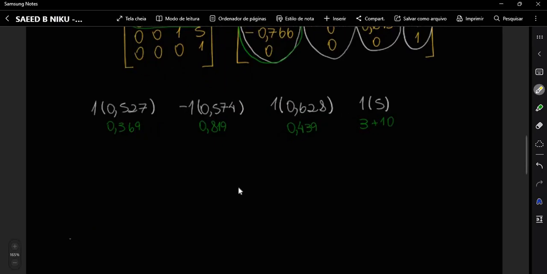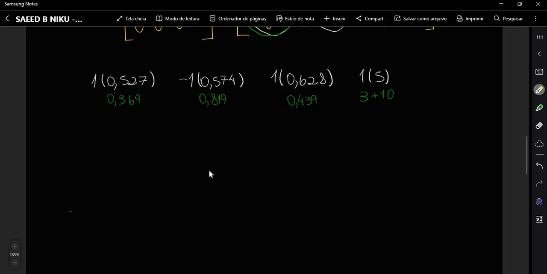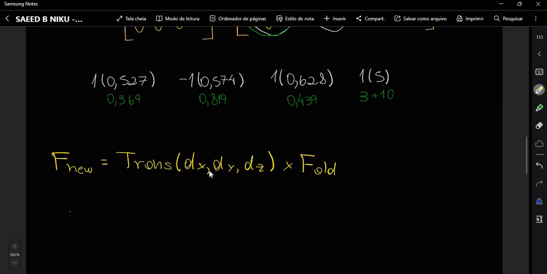I'm going to be brief on this. So the final orientation is the translation times the initial localization of the referential, and doing this we're going to obtain the following.